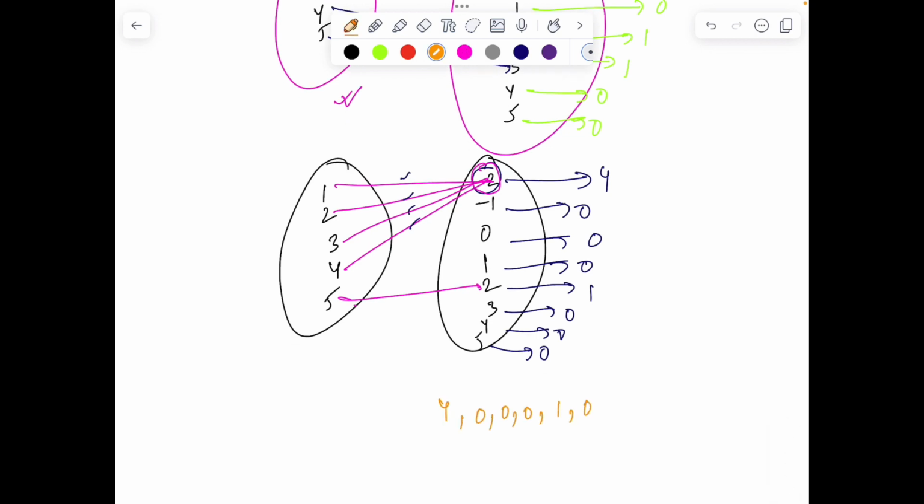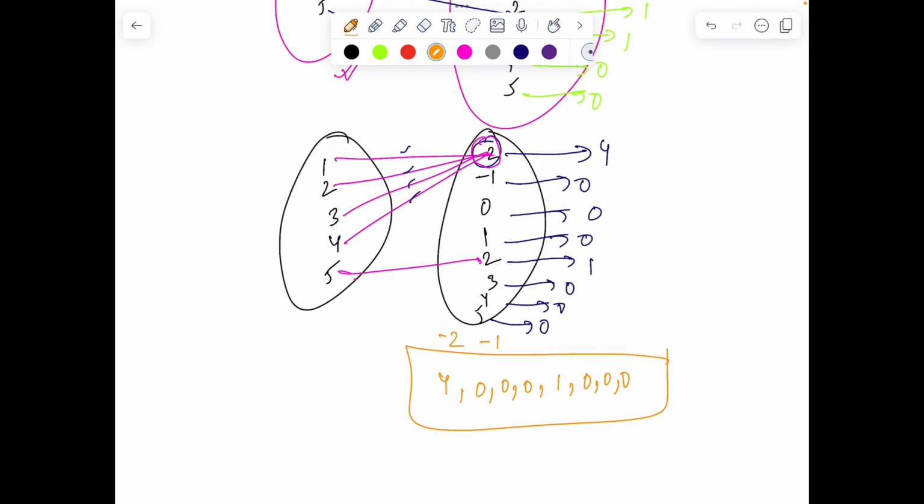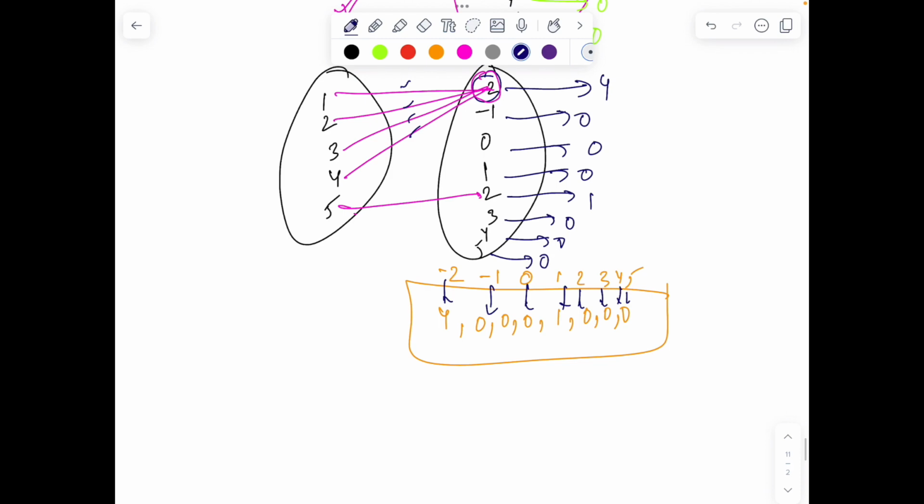Now we know, since it's an increasing function, if suppose we have a coding 4, 0, 0, 0, 1, 0, 0, 0, what does this mean? It means every element in the same order, which is -2, -1, 0, 1, 2, 3, 4, 5, has this many corresponding connections.